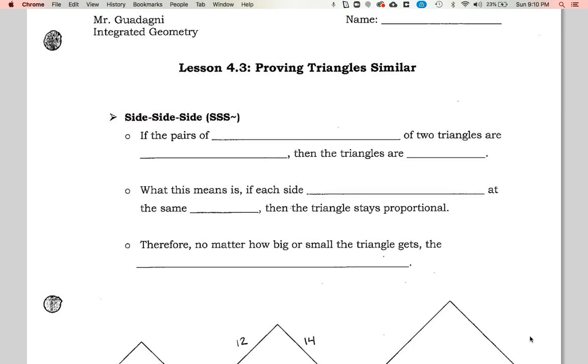And there's three ways we will do this. One way is to forget about the angles. If we can just say that all three sides are proportional, then we can go ahead and deem that the angles are indeed congruent.